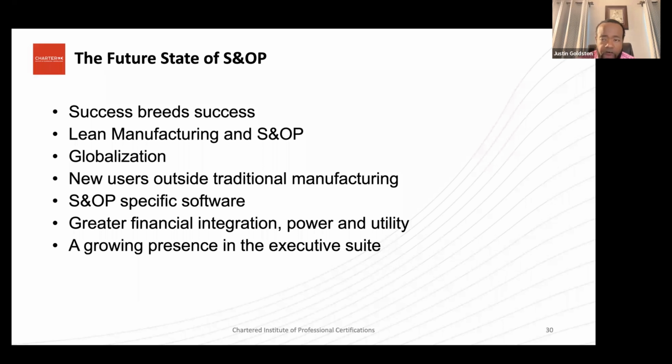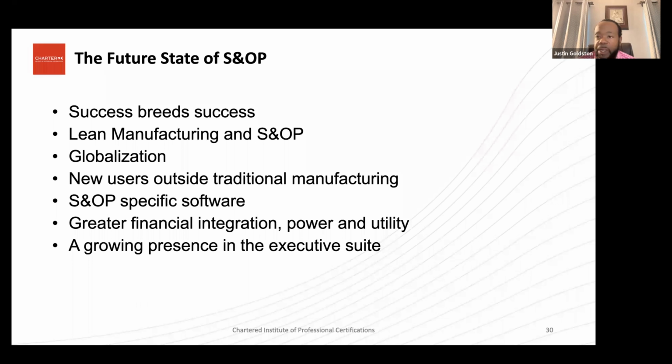From a software perspective, you're seeing ERP applications integrate modules for sales and operations planning, but you're also seeing standalone solutions for S&OP for smaller organizations. And you're starting to see greater financial integration in feeding of this data from a financial perspective within these S&OP tools.